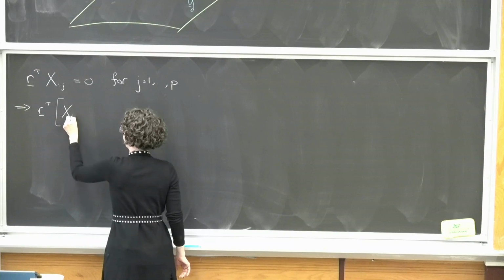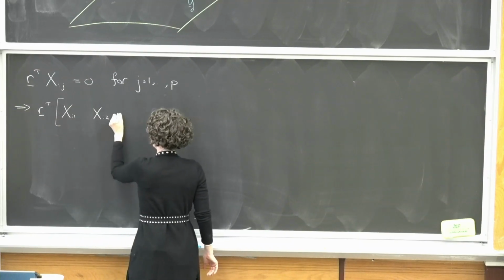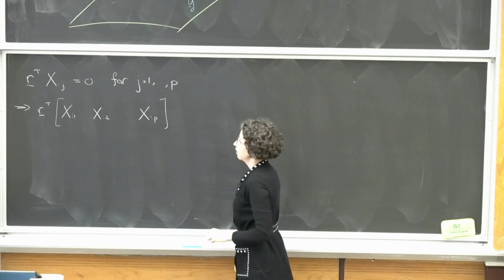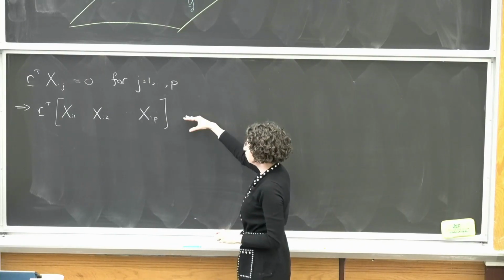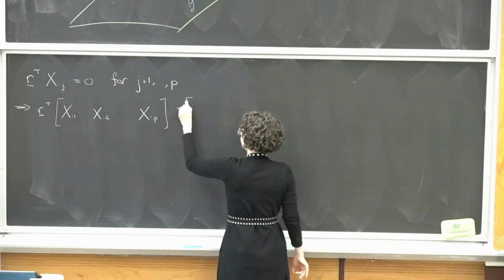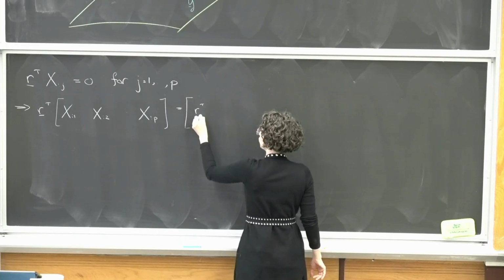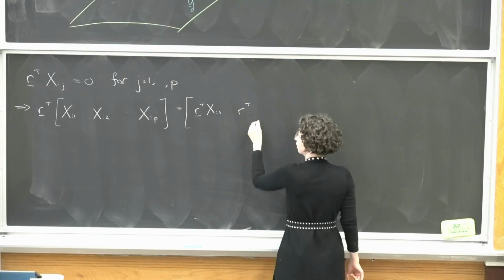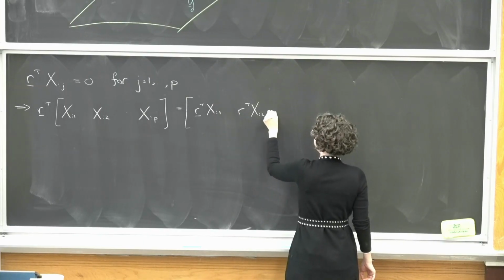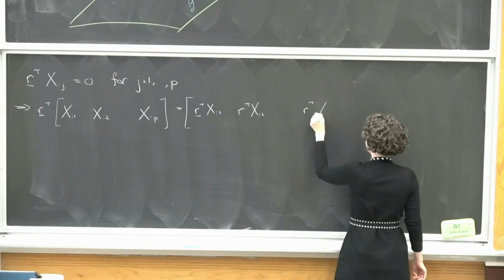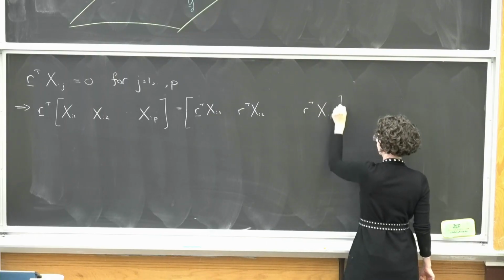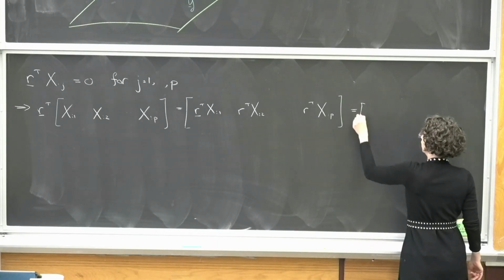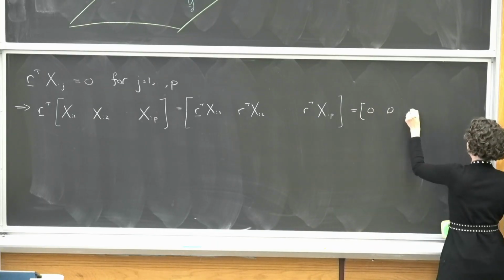So I could have x colon 1, x colon 2, all the way to x colon p. And if I do this multiplication, this is going to give me R transpose x colon 1, R transpose x colon 2, all the way to R transpose x colon p. Okay, so now I know that all of these need to be equal to 0.